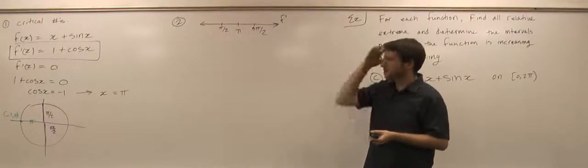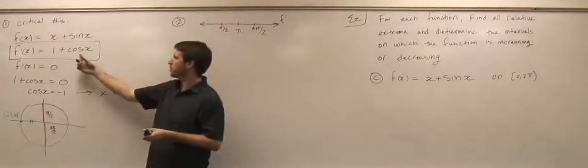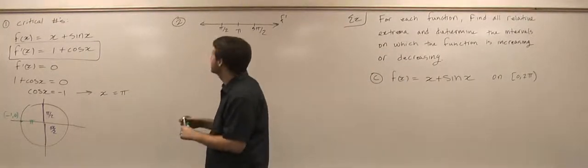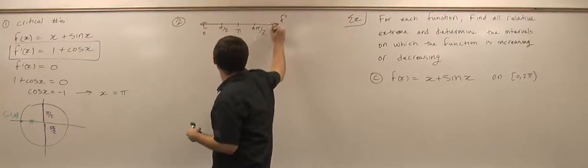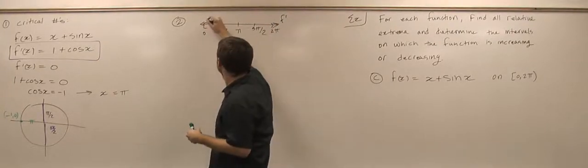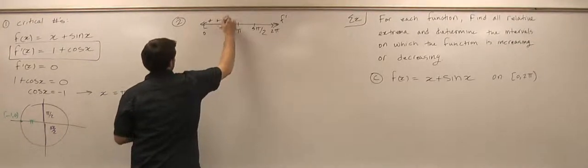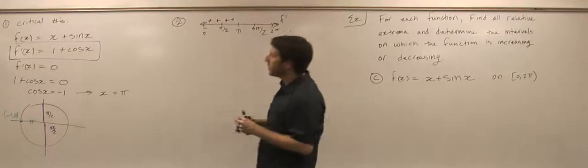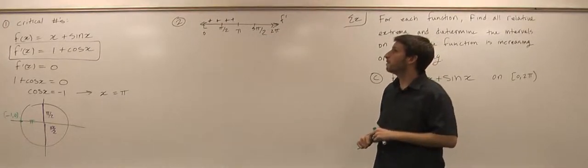Okay? So when I plug in pi over 2, what do I get out of f prime? Which is positive or negative? Positive. When I plug in 3 pi over 2, what do I get out of f prime? 1.